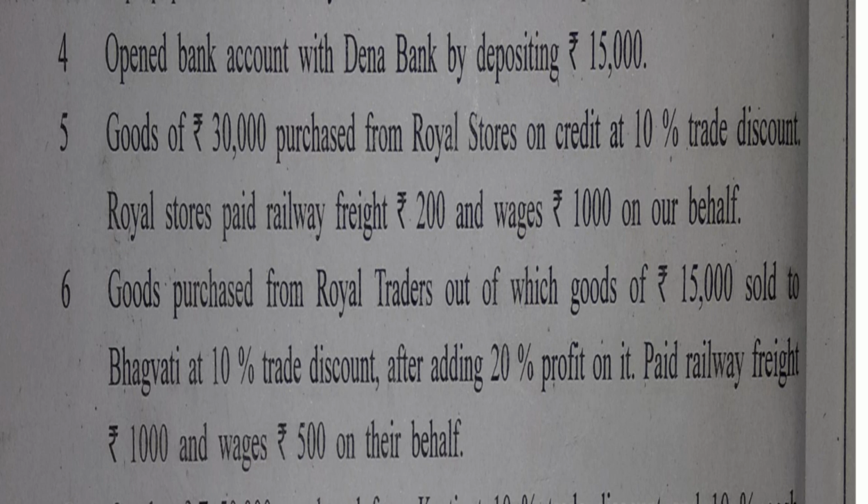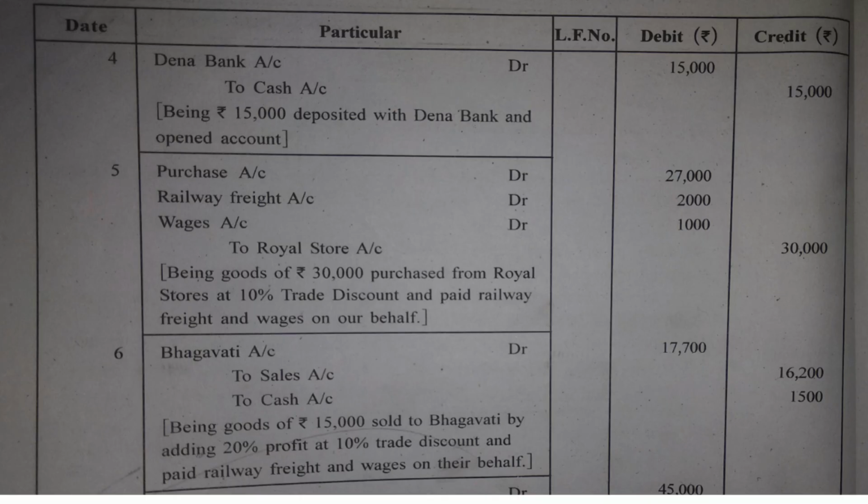So 20% of 15,000 is 3,000. So 15,000 plus 3,000 is 18,000. Now 10% trade discount of 18,000 is 1,800. So what is the net price of goods? 18,000 minus 1,800, which is 16,200.